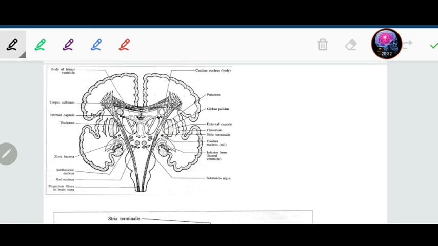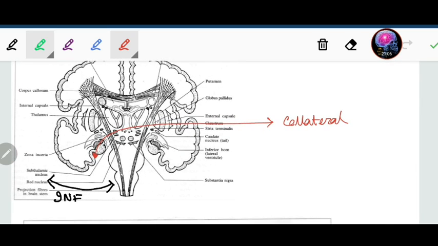Let's take a look at the coronal section of the brain to get a better understanding of the inferior surface. So on the coronal section, this is the inferior surface of the brain, which is occupied by two longitudinally disposed sulci. Medially, we get the collateral sulcus, and laterally it is occupied by the occipitotemporal sulcus.